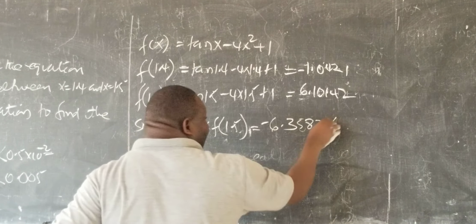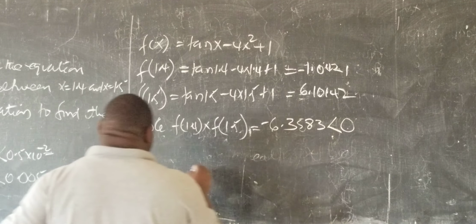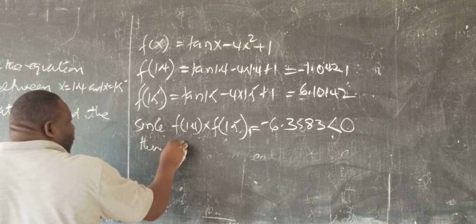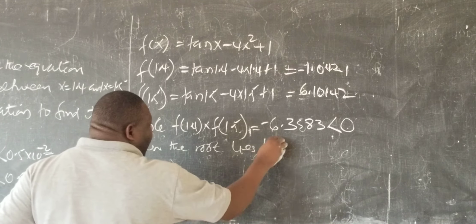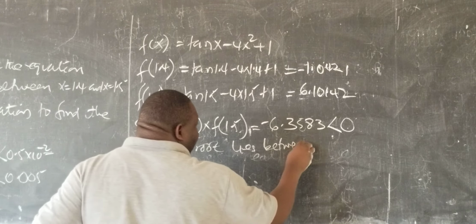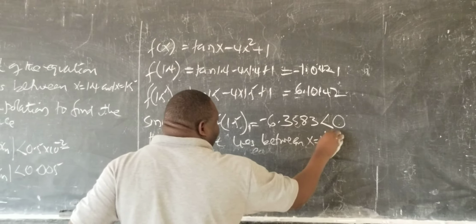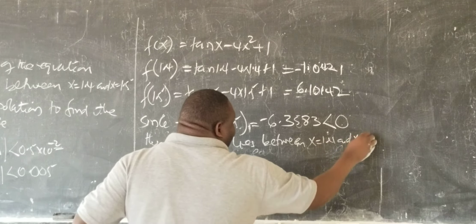This is a negative value, less than 0. Then the root lies between x equals 1.4 and x equals 1.5.